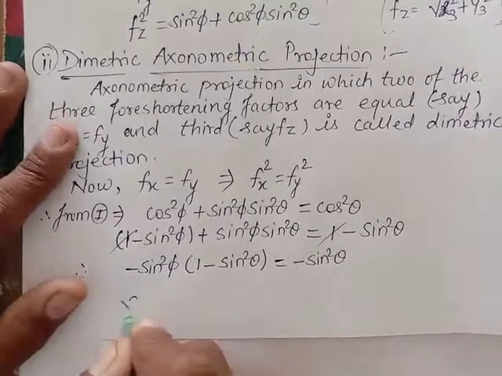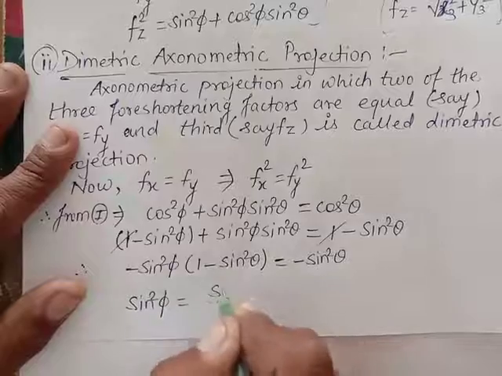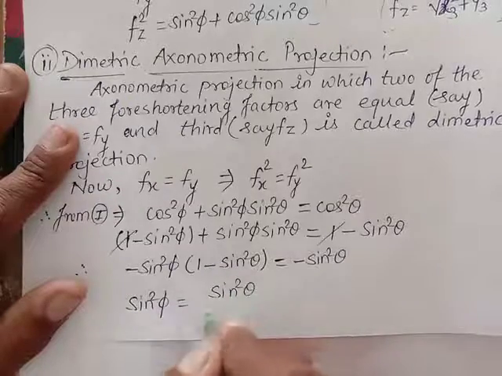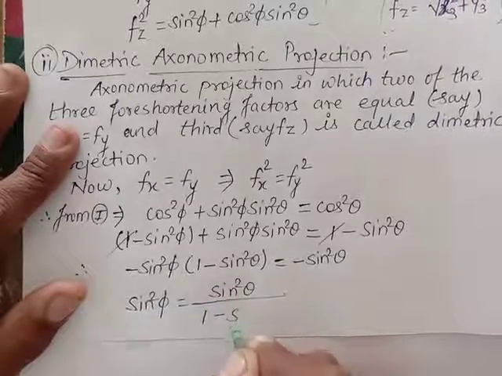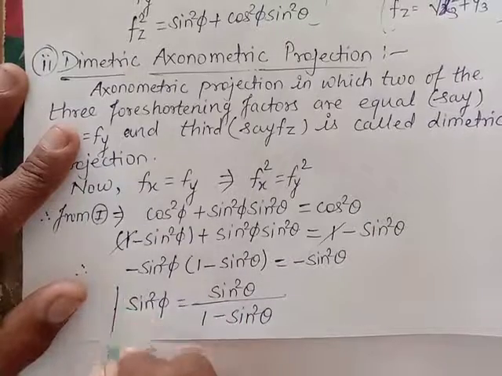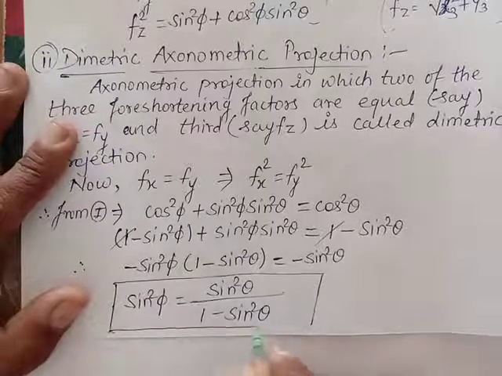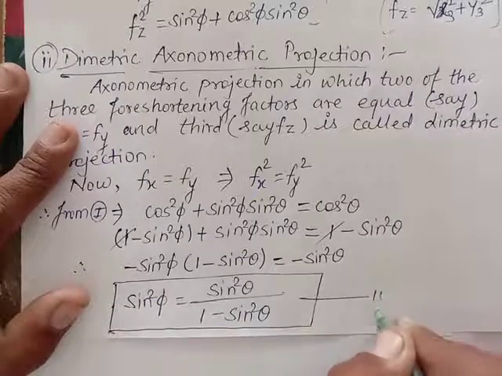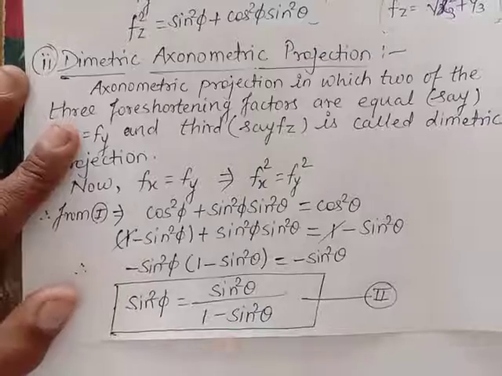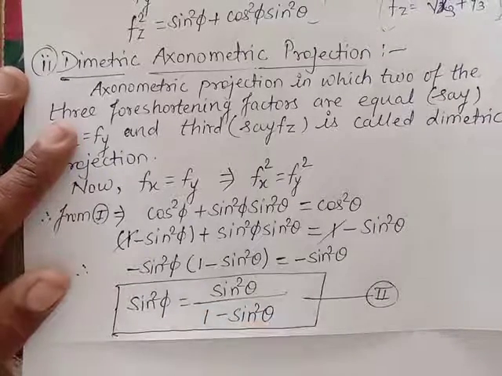It gives sine square phi is what? Sine square theta upon 1 minus sine square theta. Call it as equation number 2. Sine square phi is sine square theta upon 1 minus sine square theta.